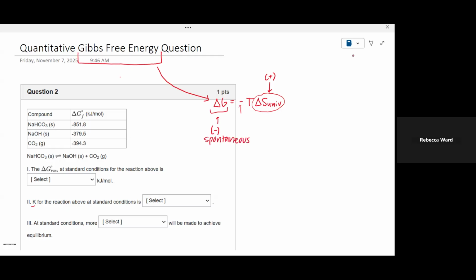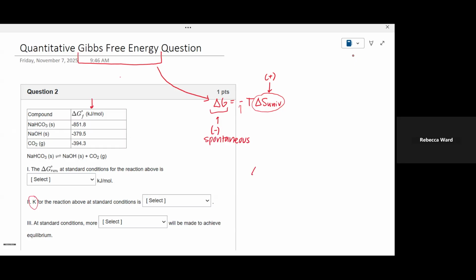Okay, so that's what spontaneous means for us now. We haven't gotten to this in class yet, but we are going to make a connection between the standard delta G of a reaction, which would be at standard conditions, so when we have 1 molar or 1 atmosphere of our products, and we're going to connect that to the equilibrium constant for the process.